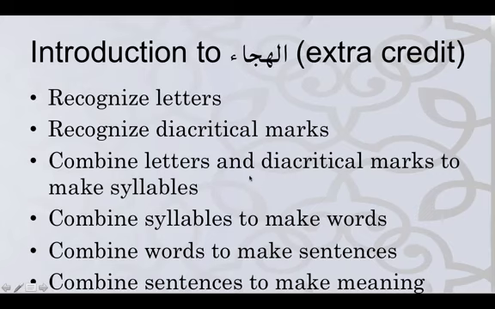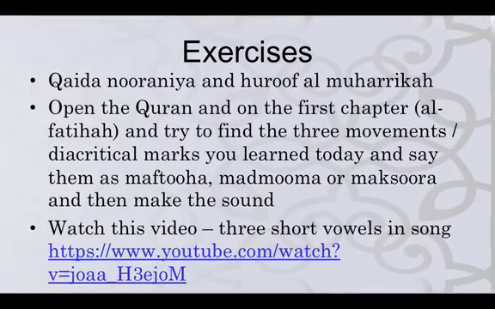When we combine letters and diacritical marks, we'll make syllables, and combining syllables, we will make words. We will do hijjah. And that's how you will start to read the Quran on your own. We're going to combine syllables to make words, and then words to make sentences, and then sentences to make meaning. And meaning is language. Okay.